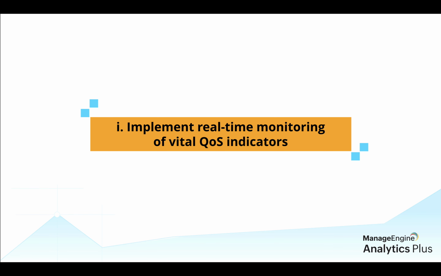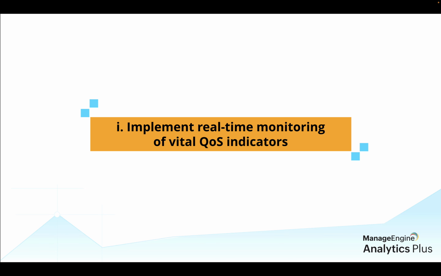Monitoring the quality of service or QoS indicators for all hardware and software components of the network, including routers, switches, firewalls, servers, databases, endpoint devices, and applications, can provide valuable insights into the traffic flow and network congestion over time.